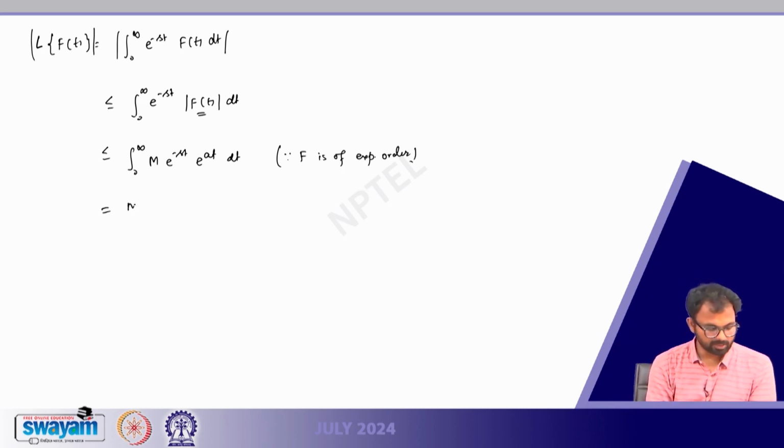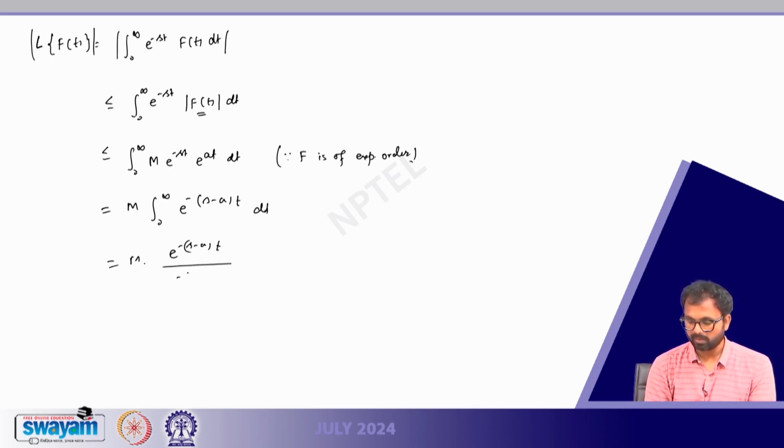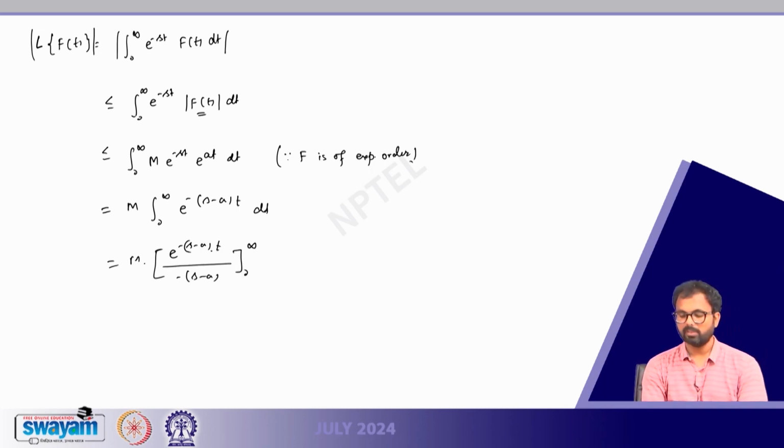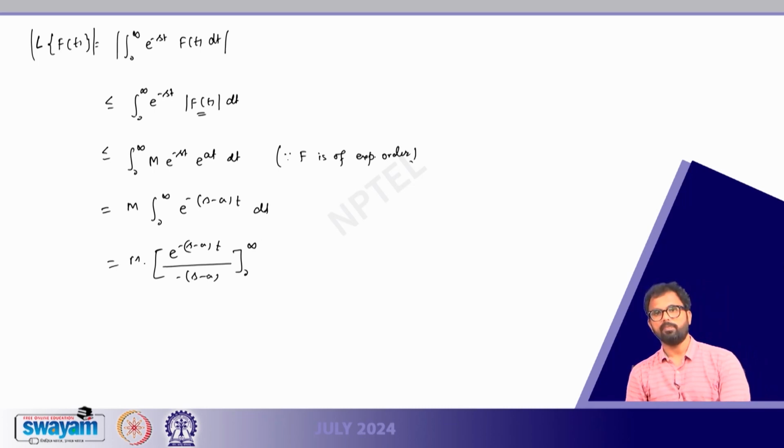So this will be capital M integral from 0 to infinity e to the power minus (s minus a)t dt. So when we integrate, this will become capital M e to the power minus (s minus a)t by minus (s minus a), from 0 to infinity. Now from here, if s is greater than a, then only this exponential will go to 0.